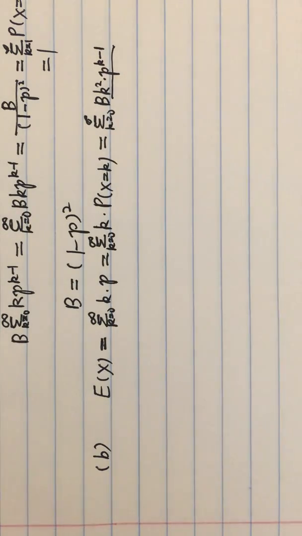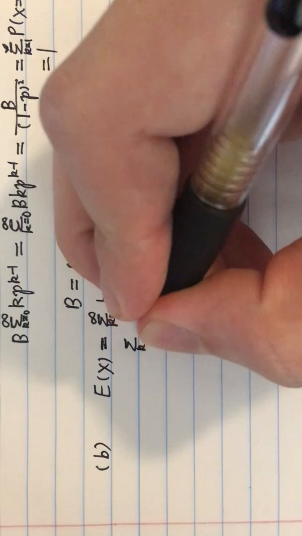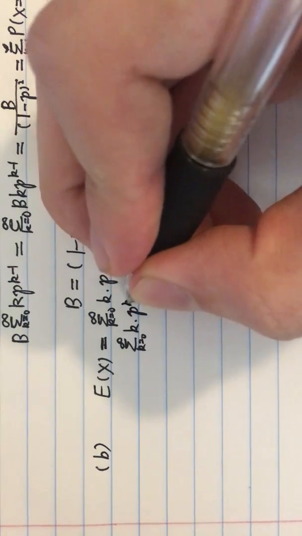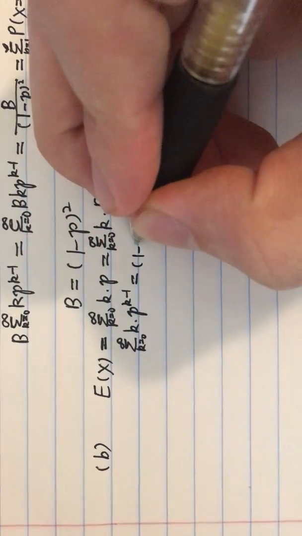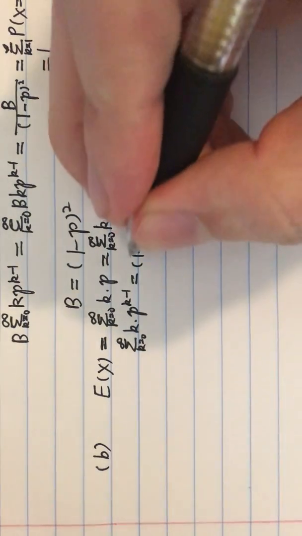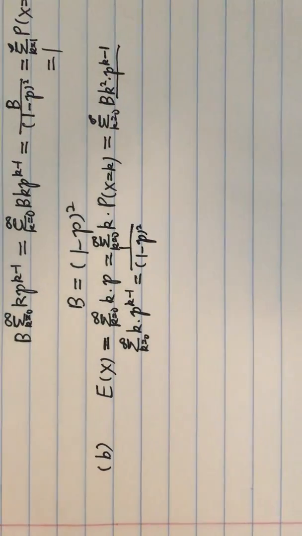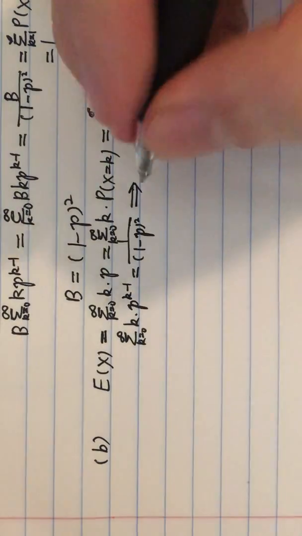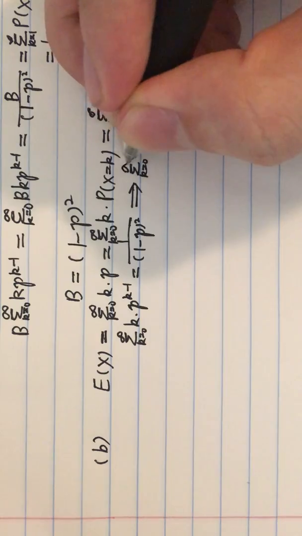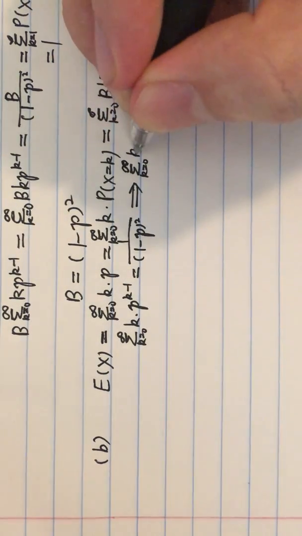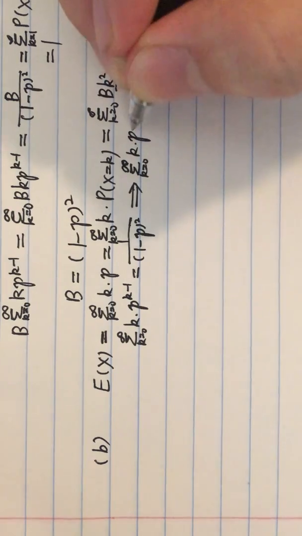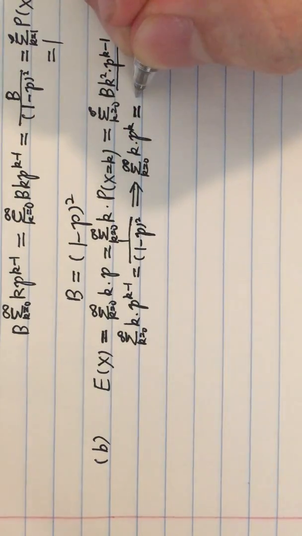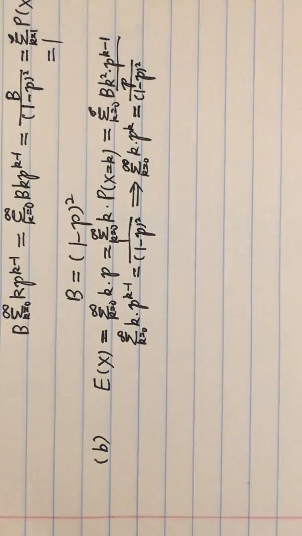Since we know that the sum from k equals 0 to infinity of k times p to the power of k minus 1 equals 1 over 1 minus p to the power of 2, we can rewrite this as the sum of k times p to the power of k equals this.